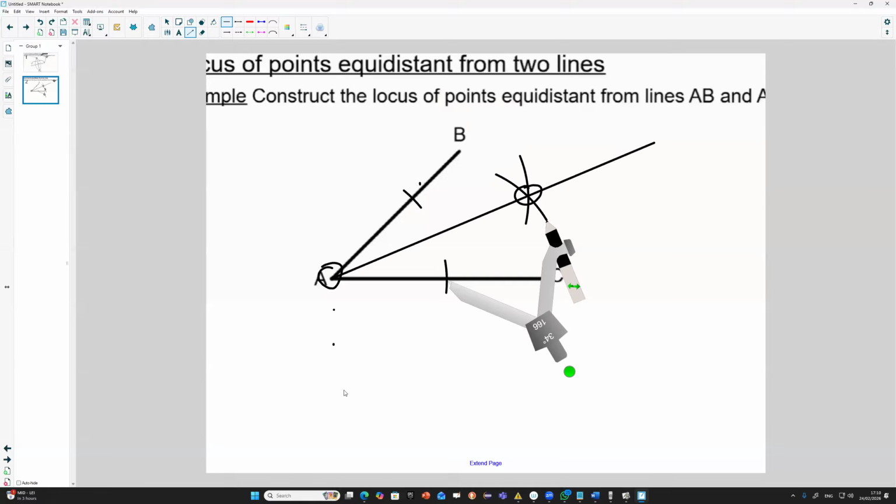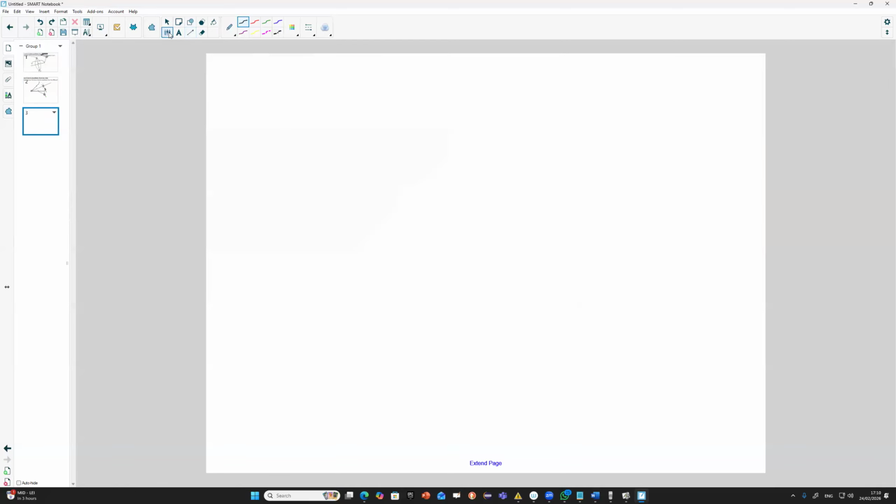So a way that we can test that is you could have a question like this: construct an angle of, let's say, 30 degrees.